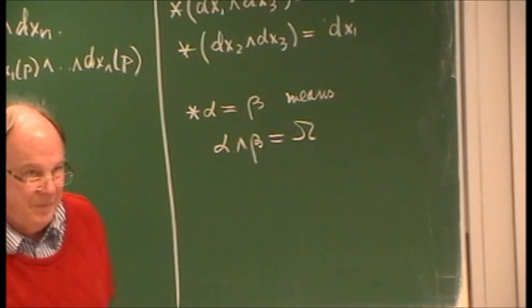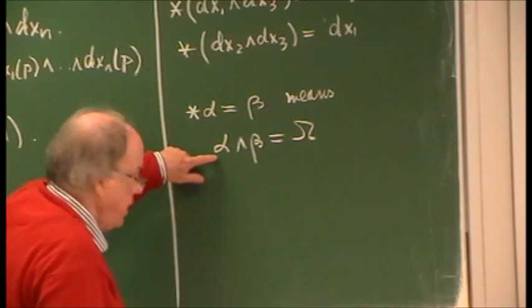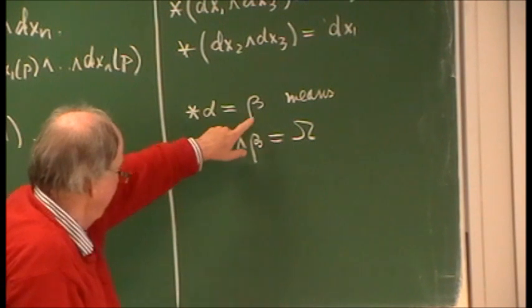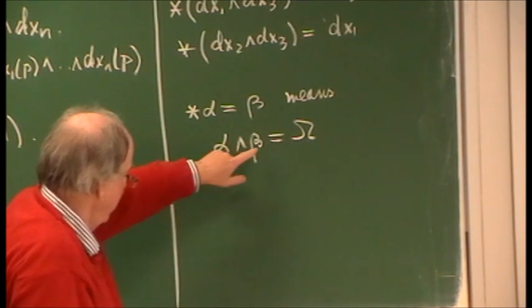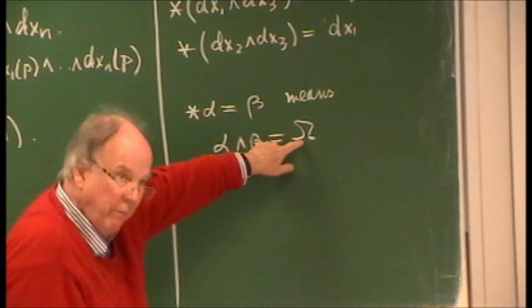Right? So you have a two form here. You hit it, and you're looking for a dual object. So somehow you're looking for a one form acting on two forms by wedge product. So alpha wedge beta equals omega.